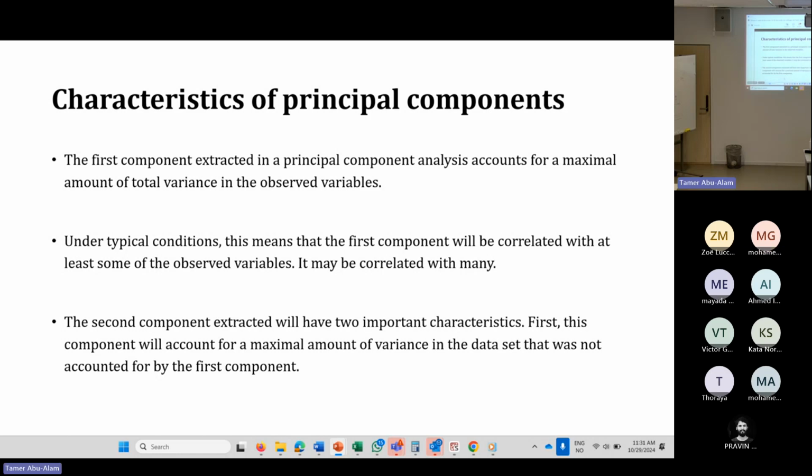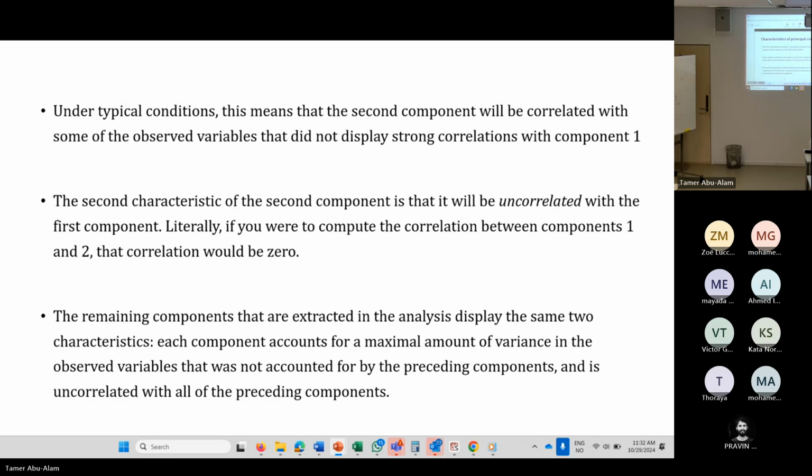The second component extracted will have 2 important characteristics. First, it will account for the maximum amount of variance in the data set that was not accounted for by the first one. And we saw in the equation that the second component actually reflects x5 to x7, because it was not reflected in C1.